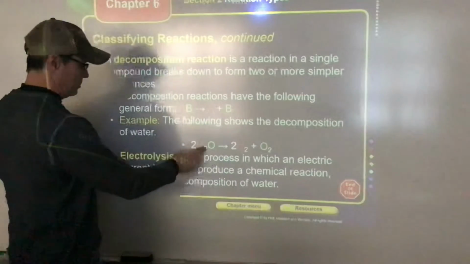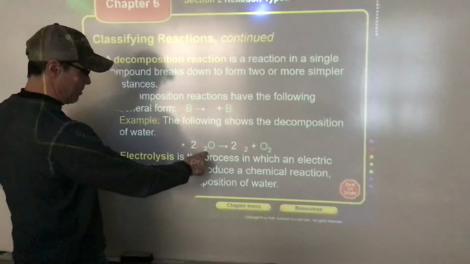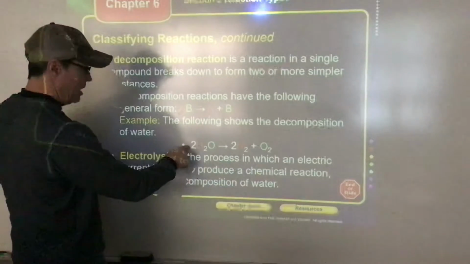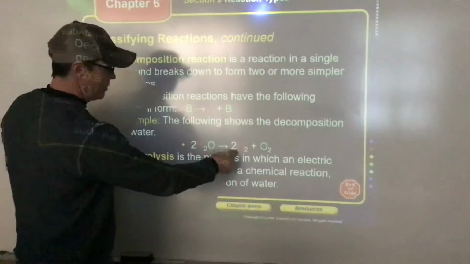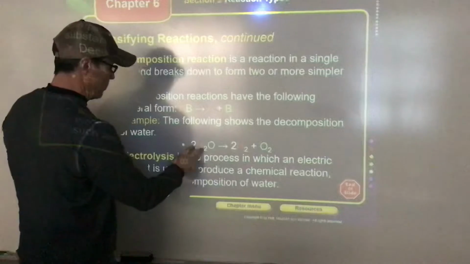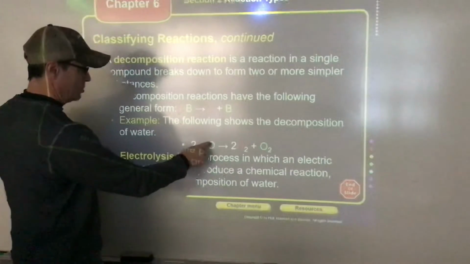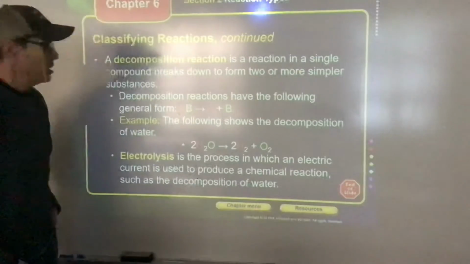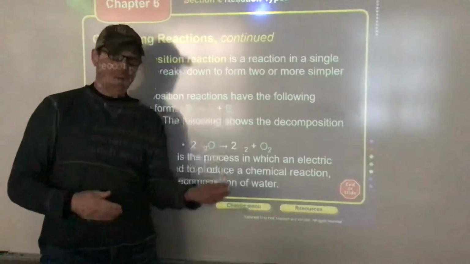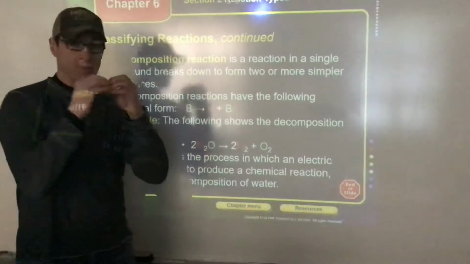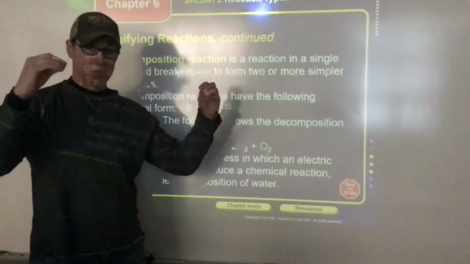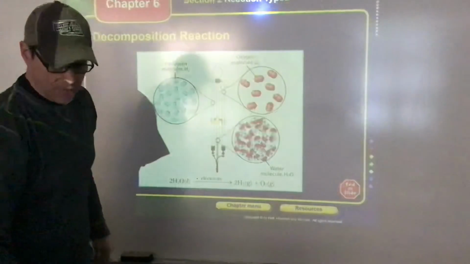But that made 2 times 2, because you multiply the subscript, since this is the whole molecule, 4. So that's why I had to put a 2 here. 2 times 2 is 4, so 4 H's, 4 H's. 2 times 1, 2 O's, 2 O's. Done. Remember, decomposition is the opposite of synthesis. I'm taking something and pulling it apart. Synthesis is taking 2 things and putting them together. All right, 2 down, 3 to go.